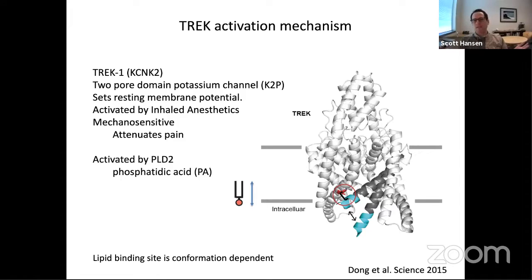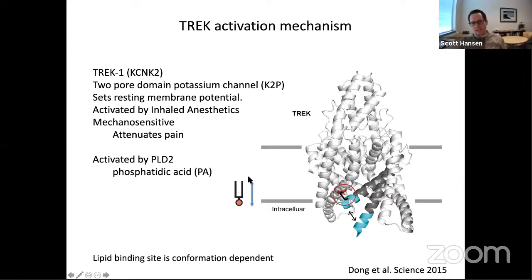Well, what could PLD be doing then to control an ion channel or to induce anesthesia? And we work on this channel called TREK. TREK is a 2-pore domain potassium channel. It's known to set resting membrane potential, and it's activated by inhaled anesthetics. It also is activated by mechanical force, and it attenuates pain, which you would expect for an anesthetic-sensitive channel. Interestingly, it's activated by PLD.